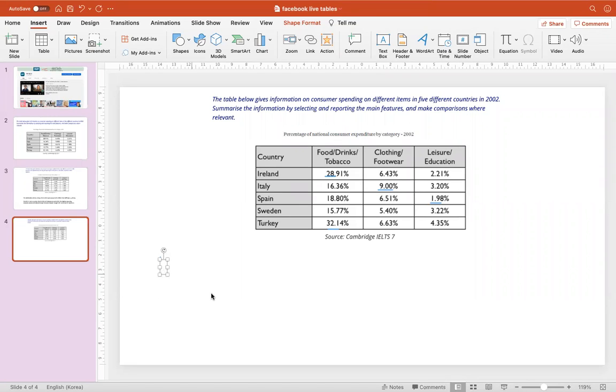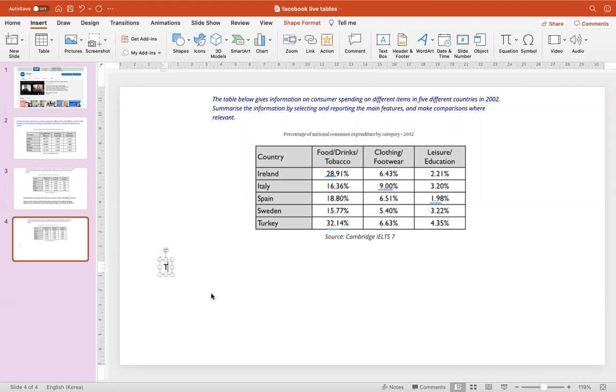So let's start with Turkey, because that's the biggest one here, 32%. What I'm going to do is keep it simple. I'm just going to go through the different categories and comment on the numbers in each category.